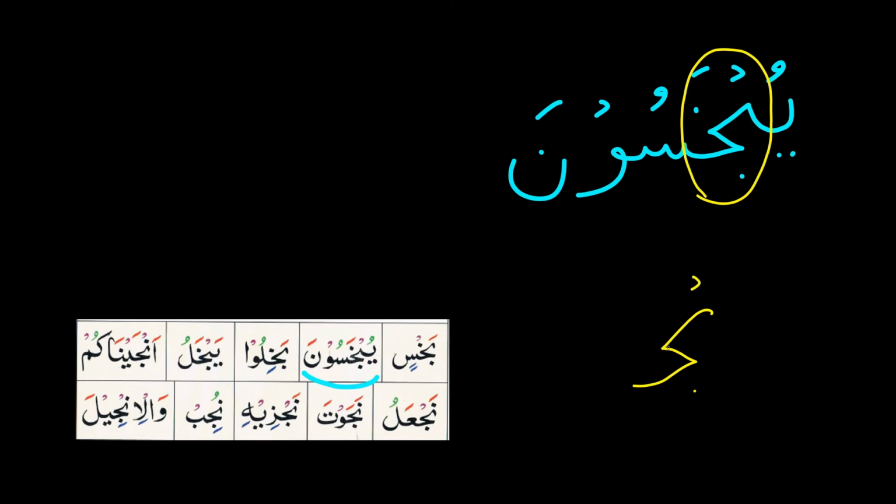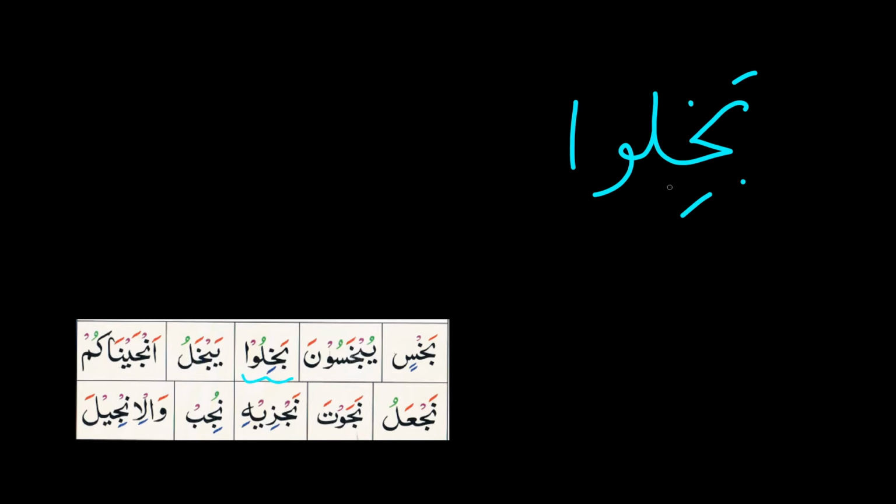Ba with a sukoon and kha with a fatha. And at the beginning, we have that. So this is ya, dhamma, you. Ba with a sukoon, yub. Kha with a fatha, yubkha, and then you have su and na, so yubkhasuna, yubkhasuna.